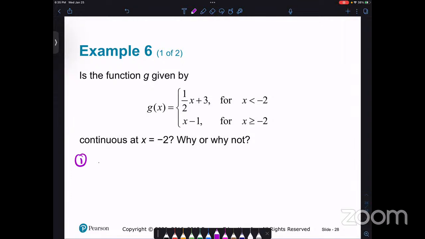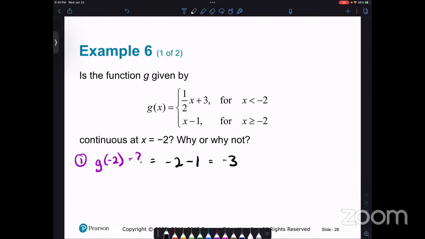If we're going to plug in -2, do we use line 1 or do we use line 2? We're going to use line 2 because it says that's where x is going to be equal to -2. So then that's going to be -2 minus 1, which is -3. So the function is defined at -2, and the output is basically -3, right?